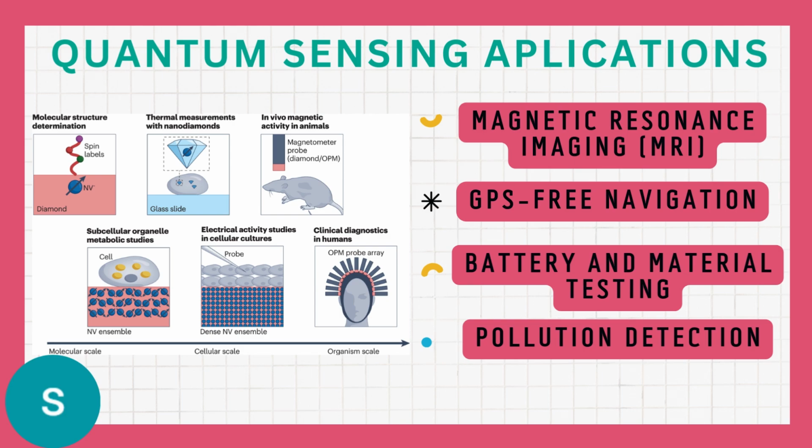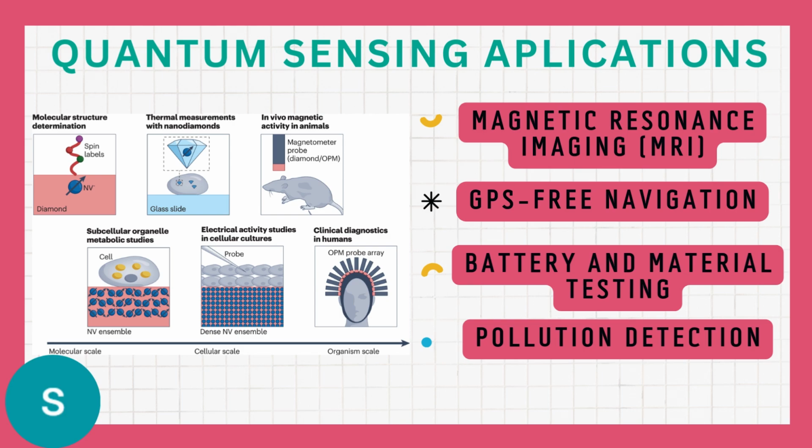In medicine, quantum sensors can help detect diseases earlier by picking up faint signals in our body, and using super detailed brain scans that can detect the diseases.